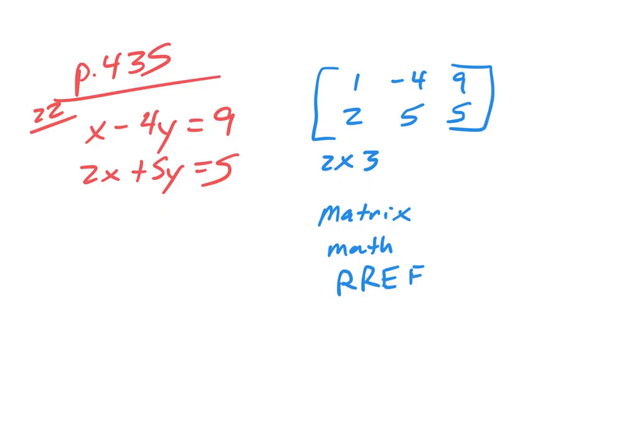You don't necessarily need to know what that stands for, I'm never going to ask you that, but it's putting it in a certain format, and then you're going to do RREF of matrix A, or whatever matrix you put it into. You got to go to matrix, go to math, and then scroll all the way down to RREF. Make sure you get the one that has two R's in it, because there's one that just says REF.